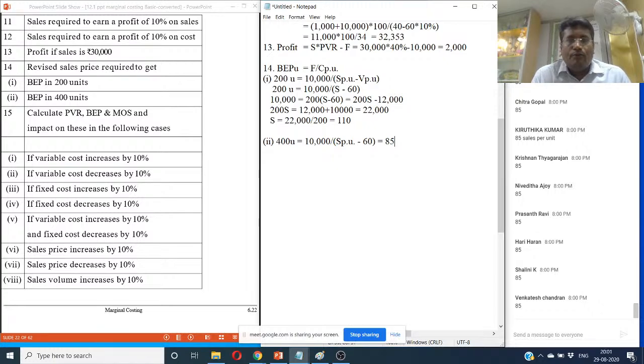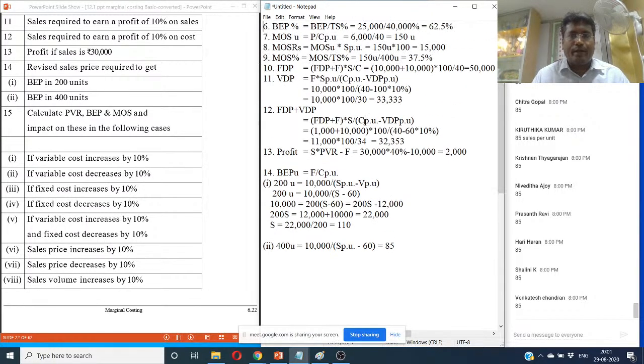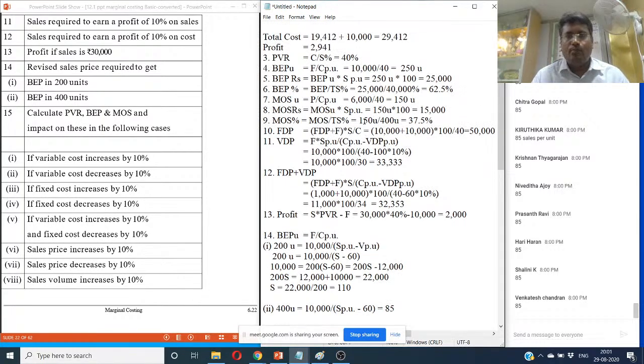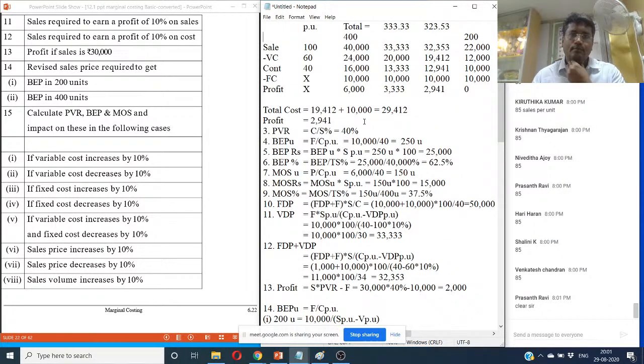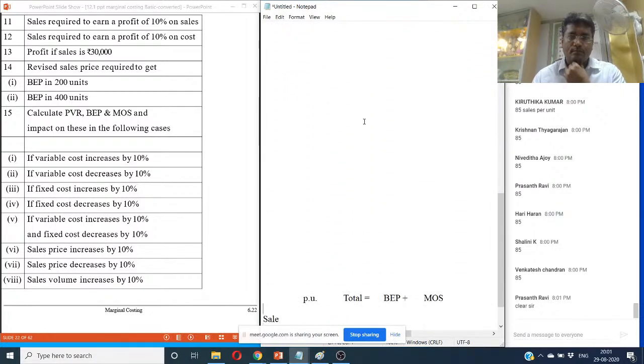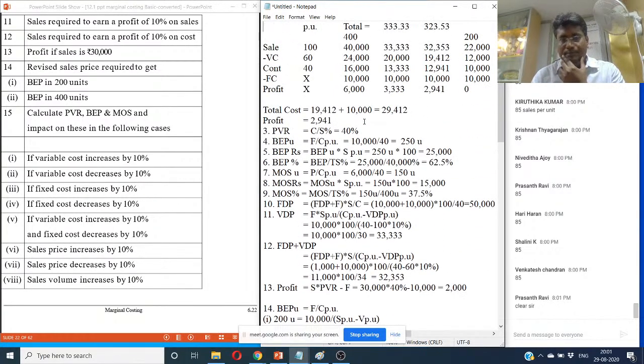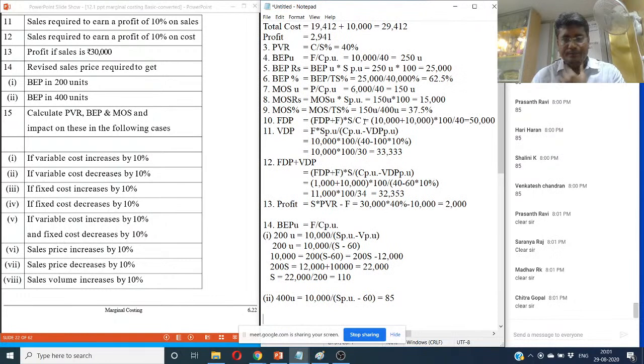Come on, finish off copying all these things. If you have any doubts, you can ask me. Else, post that you are clear, so that we'll start with the next subdivision, 15. I'll keep it for some more time for your copying.